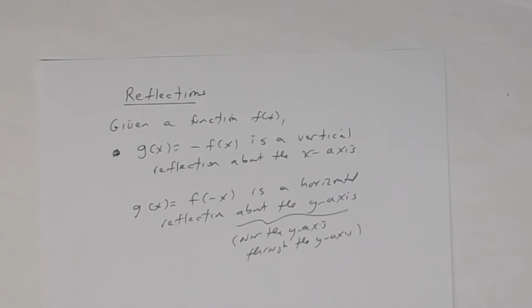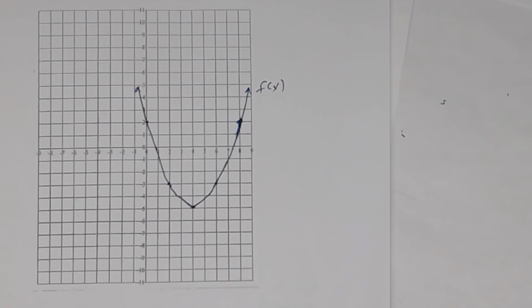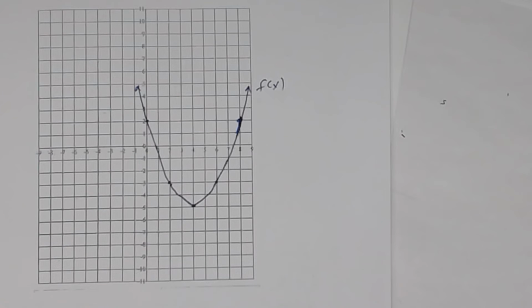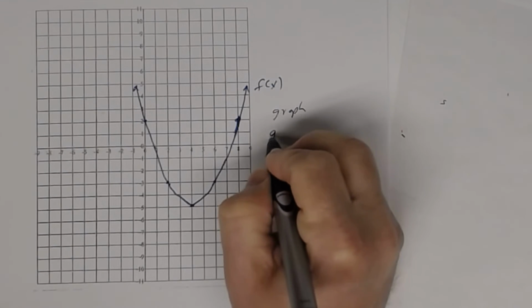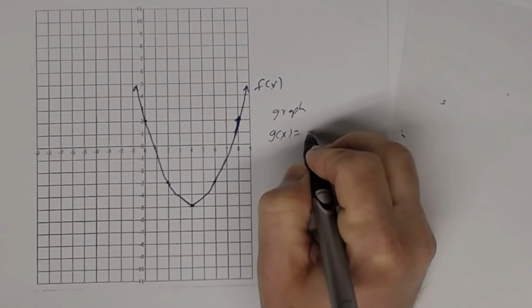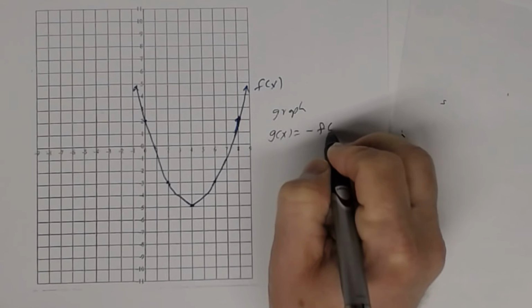All right, so let's look at one more example before we end this lesson. Let's suppose f of x is this function that you see, the graph of the function. And let's suppose we want to graph g of x, which equals the negative of f of x.